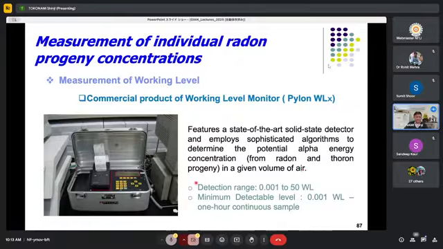The detection range is 0.001 to 50 working level. Regarding minimum detectable level, it is 0.001 with 1 hour continuous sampling.